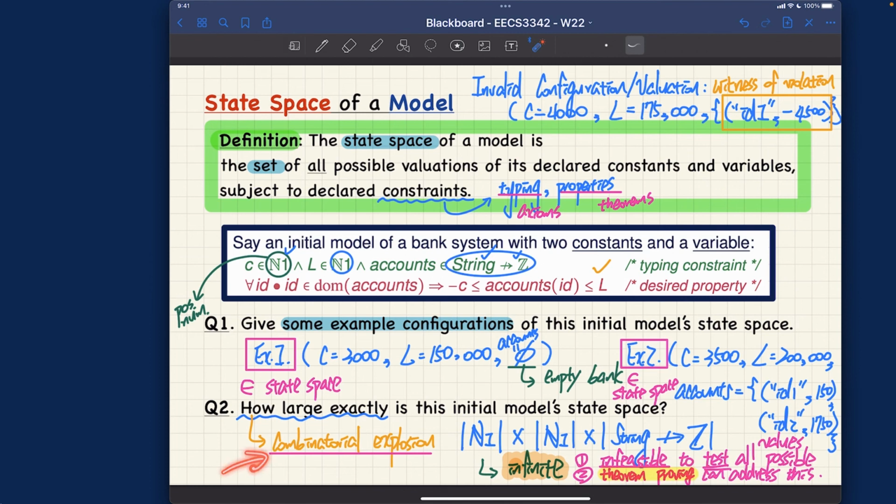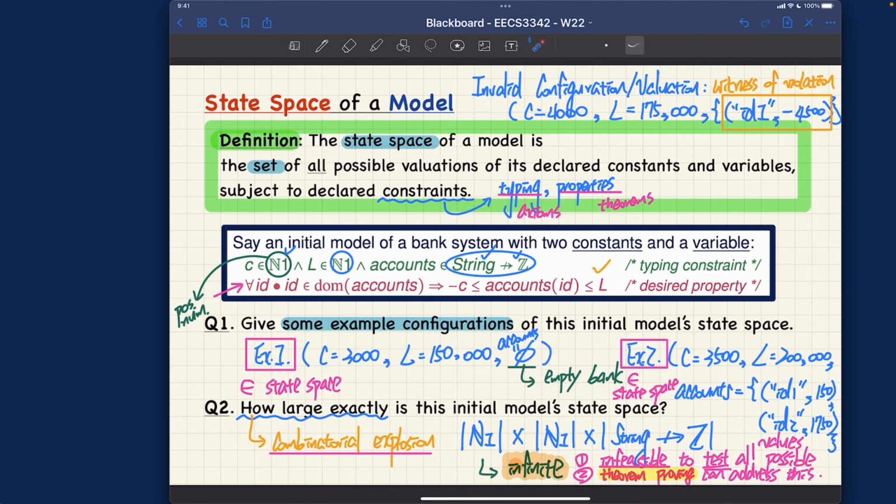So if we are able to prove, let's say this particular theorem, effectively what we have really proved is, for all the possible combinations of the accounts and also C and L, we are doing a universal quantification proof. If we can prove it, that means effectively testing all the possible values, which simply cannot be done in practice by JUnit test cases. All right, that's quite a bit of a discussion over here, but I thought that's really important for you to understand about state space before we move on to construct our first model.